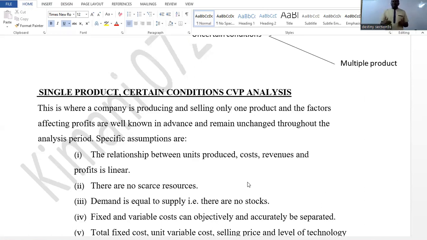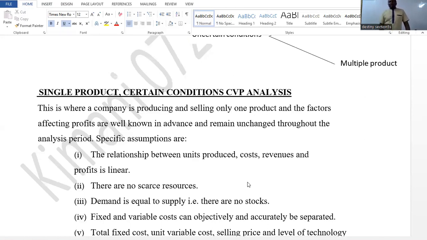So you remain with some units. Neither do we have shortage costs, as we were discussing the other day, because shortage costs arise when you have produced less than what customers are demanding. The other assumption is that fixed and variable costs can objectively and accurately be separated.